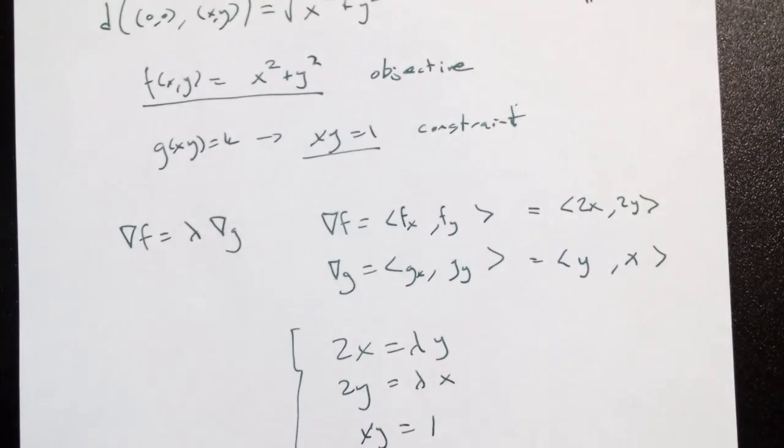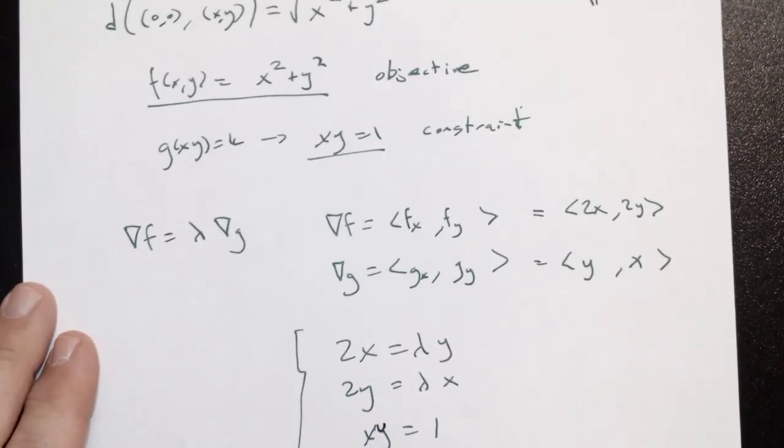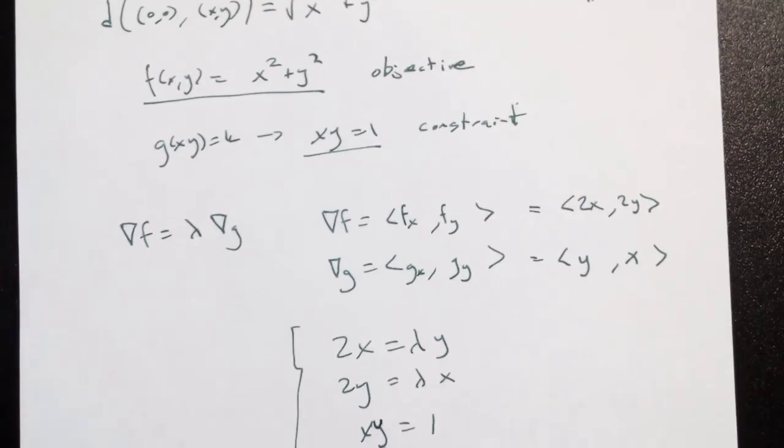Three equations in three variables. Problem is that they're not all linear because that bottom equation has multiplication in it. I've got lambda times y, I've got lambda times x, I've got x times y. These aren't simultaneous linear equations. I can't use a matrix. But I can still solve things here.